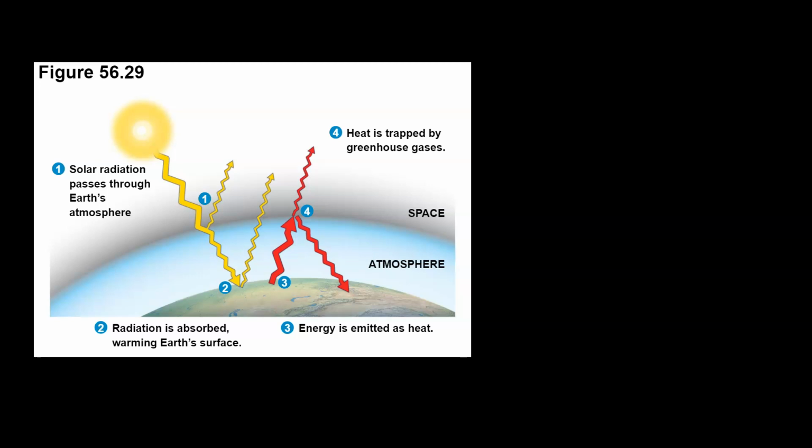As we've had an increase in carbon dioxide and also other greenhouse gases such as nitrogen, the gaseous form of nitrogen in the atmosphere, because as we have an increase in these greenhouse gases, they're actually able to trap more and more heat.